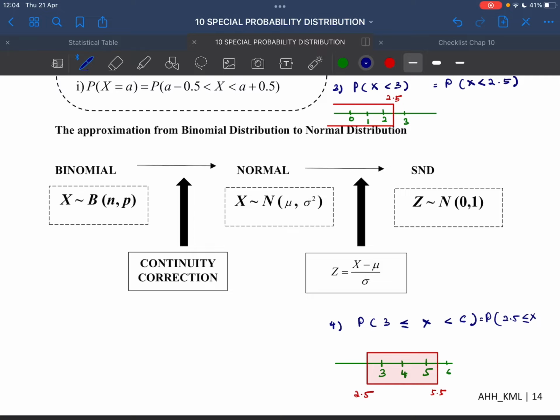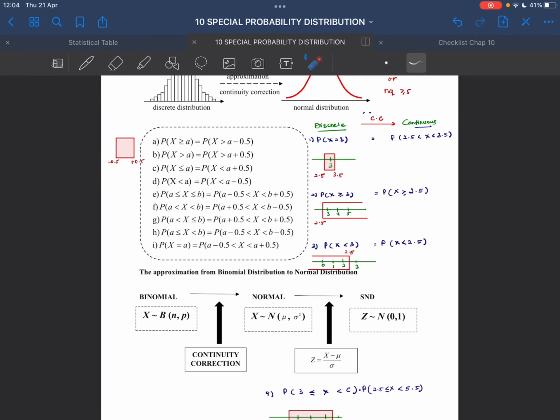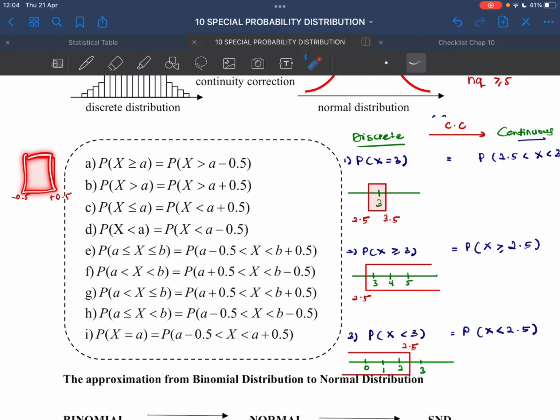Just follow the sign. Okay, alright, so that is how we do continuity correction. Just imagine the box. The line before the number, you have to minus 0.5. If the line is after the number, you have to plus 0.5.